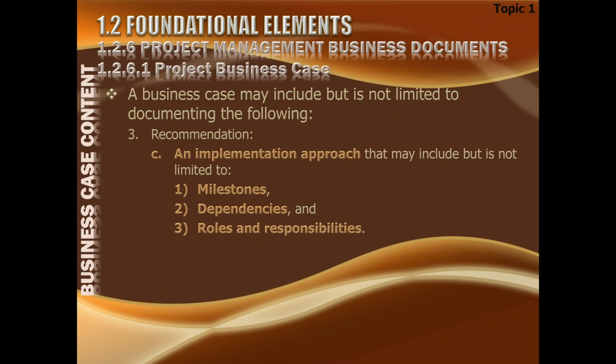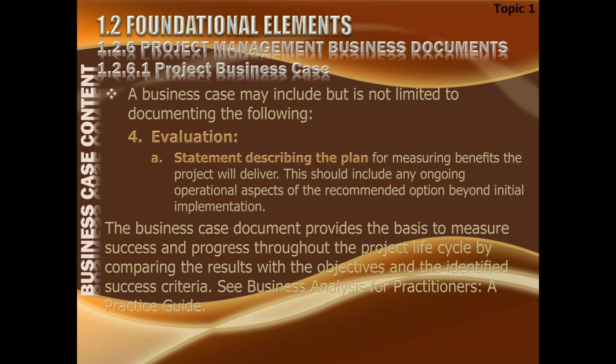What will be my major dependencies and major roles and responsibilities? Remember, this business case is created when the project is not yet approved, feasibility is not yet approved. So you are just recommending that if you take this approach, these could be the milestones, these are our dependencies, and these are our roles and responsibilities, and so on and so forth.